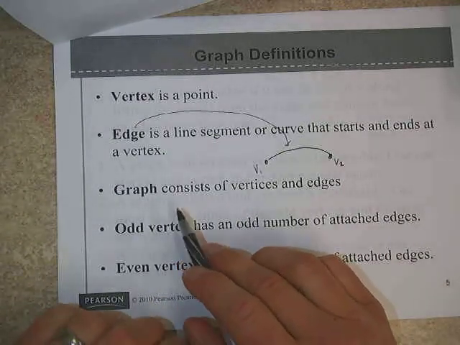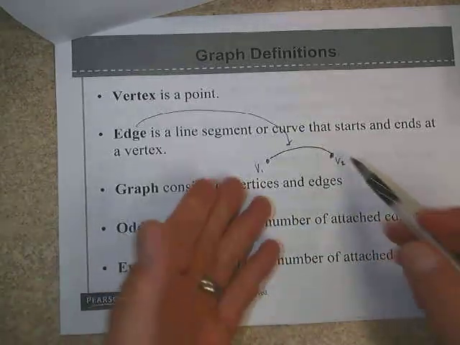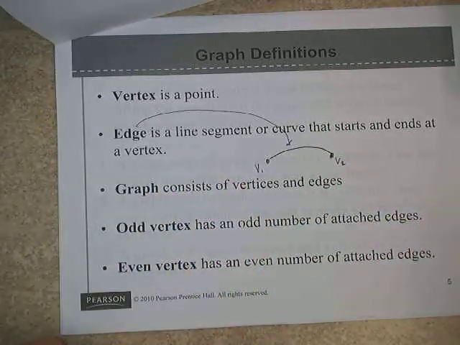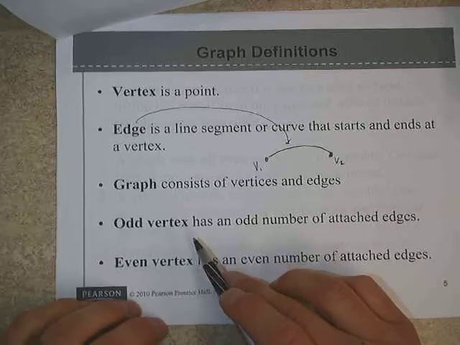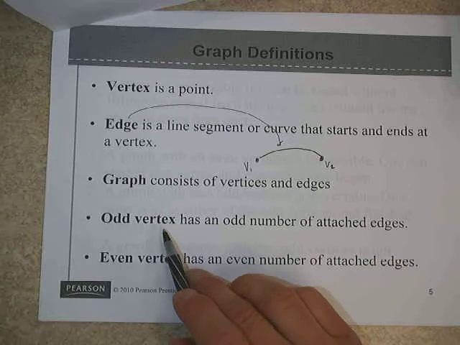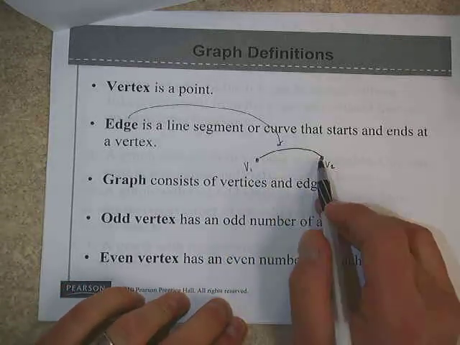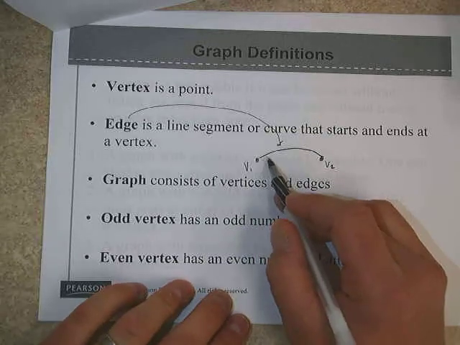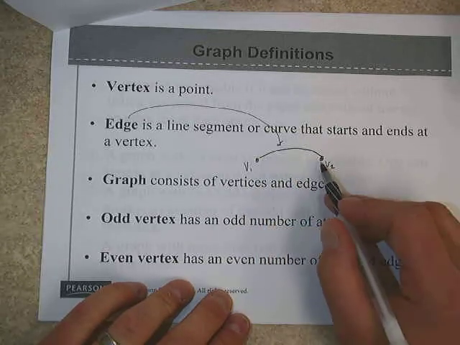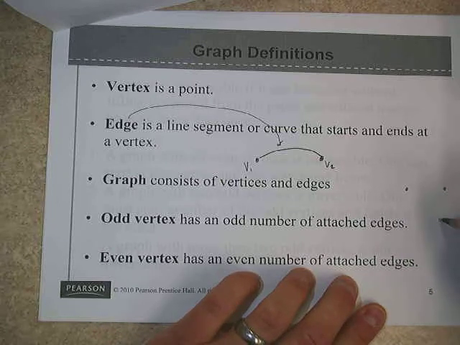And ultimately a graph, unlike a graph on a coordinate plane like we're used to, consists of vertices and edges. So what I've drawn right here is a graph. Part of the idea that we're going to study in just a second has to do with even and odd vertices. If we have an odd vertex, it has an odd number of edges. Both of these would be considered odd vertices because there's only one edge going to this vertex, and only one edge going to this vertex.